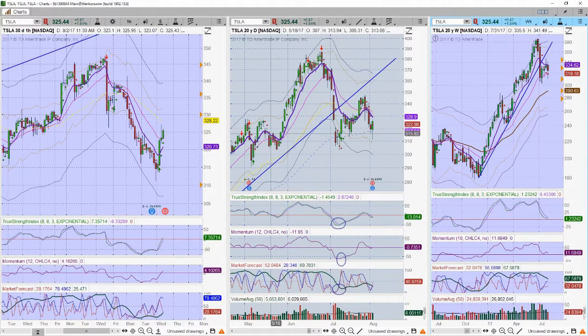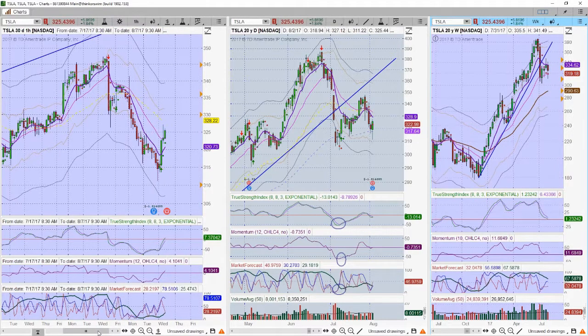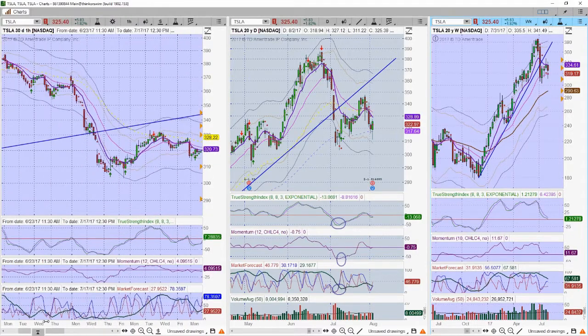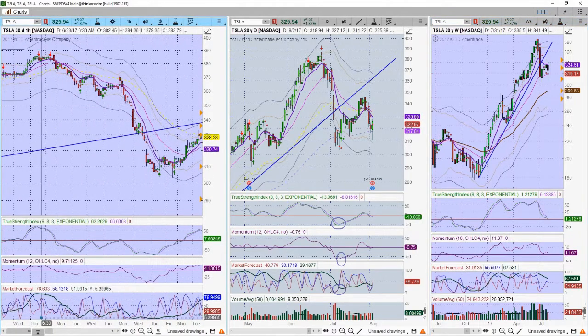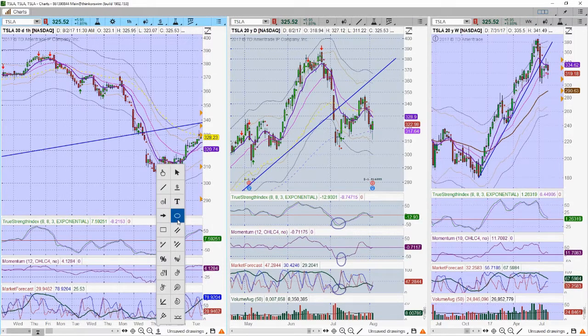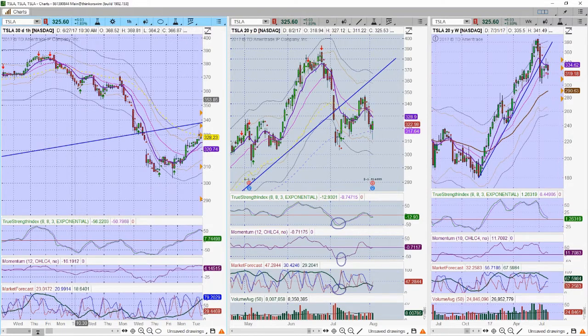moving average on 7/6. Well, what did that look like on the intraday chart? Let's see if we can go back that far. Well, as you can see, if we had that line in there, we could have seen that, aha, we're getting a rollover here on Tesla. And I can draw this in here.